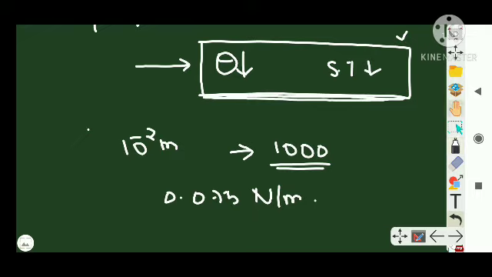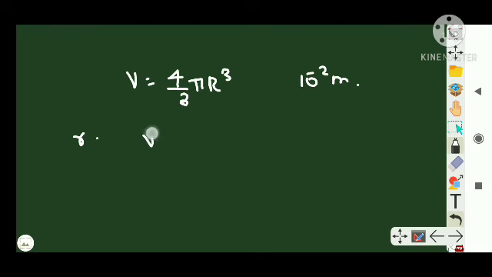So I will do it by a roundabout way, right? We know that the original drop has a volume of 4 by 3 pi R cube, and you know the value of capital R is given as 10 to the power minus 2 meter, right? And if r is the radius of the small droplet, the volume of 1000 droplets will be 1000 times 4 by 3 pi r cube.